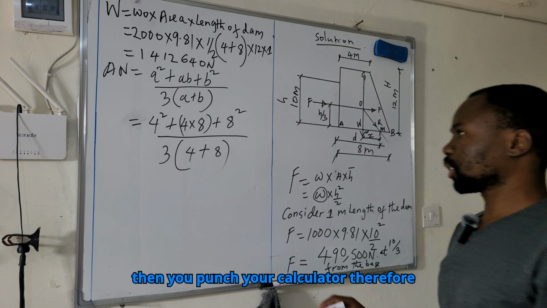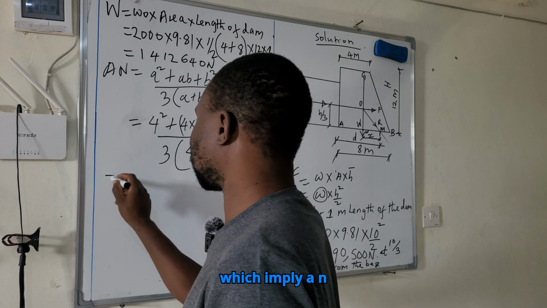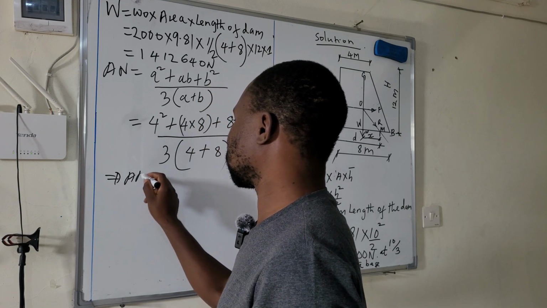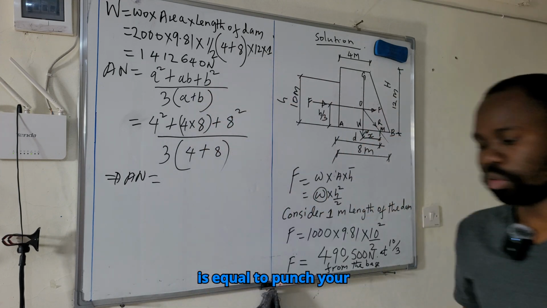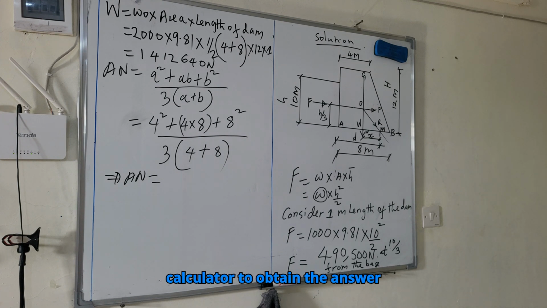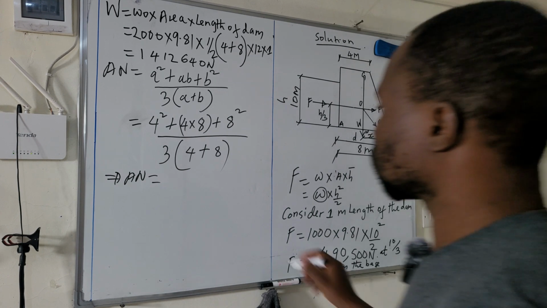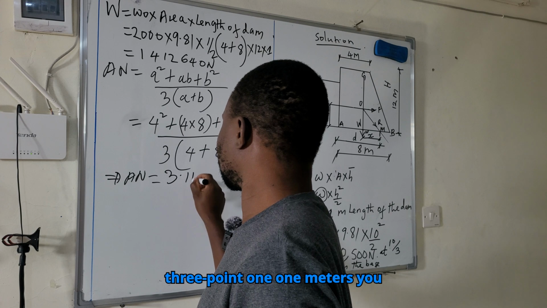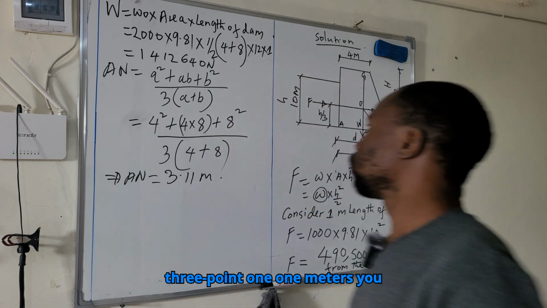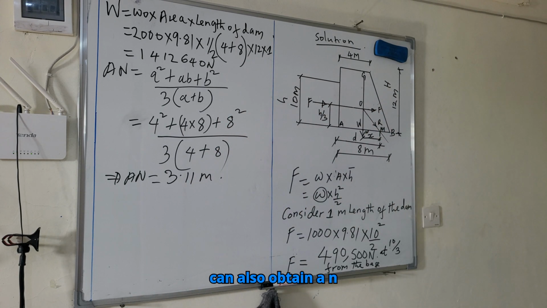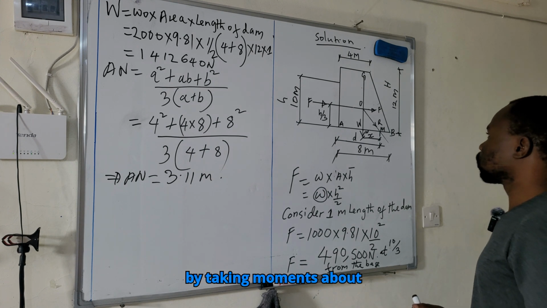Then you punch your calculator, which implies AN is equal to, punch your calculator to obtain the answer. So the answer is 3.11 meters.